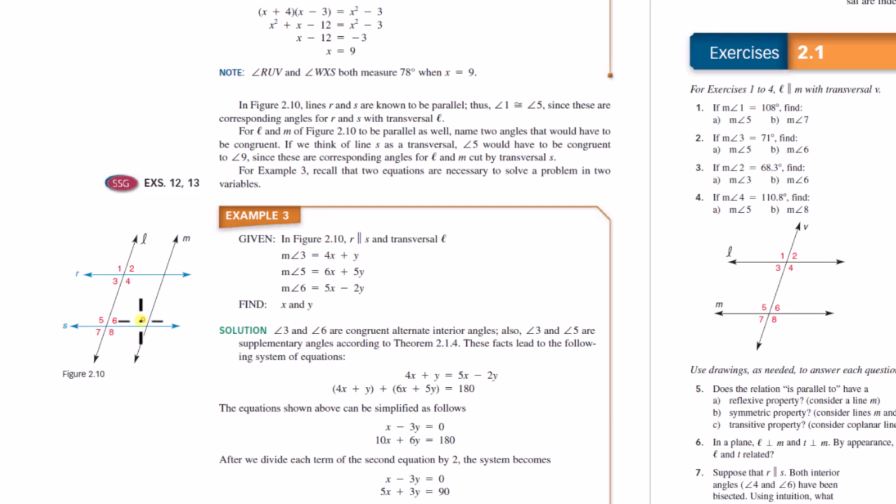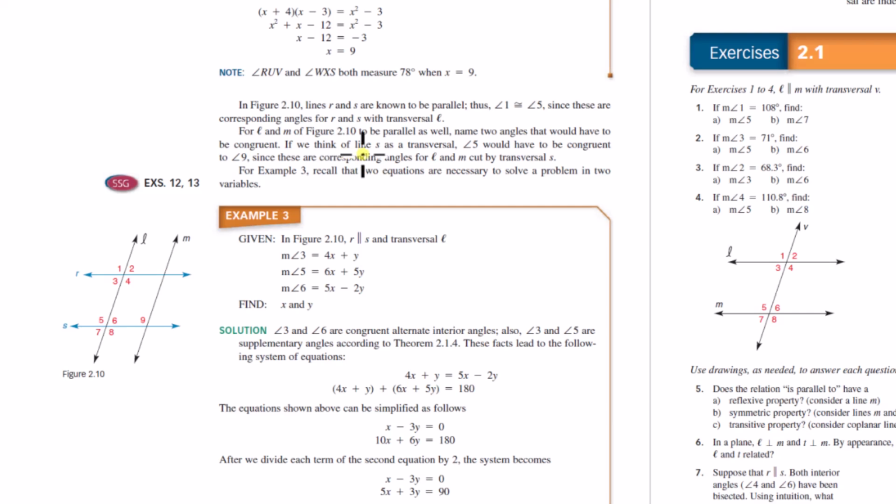That's another way to look at it. Let's say we know R and S are parallel, but we don't necessarily know that L and M are parallel. Could we prove it? How would we do that? Well, you could use the theorems we just talked about in reverse. So for L and M to be parallel as well, name two angles that would have to be congruent.